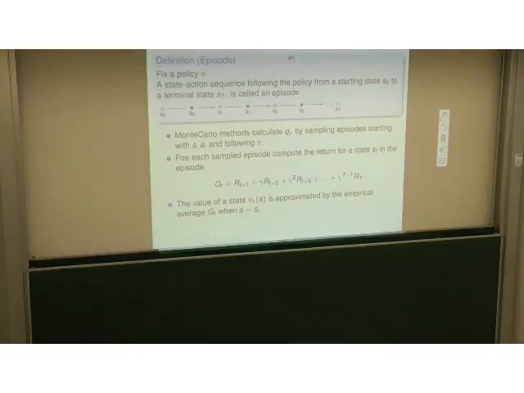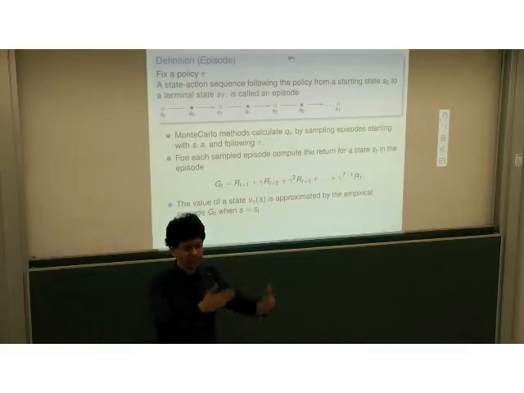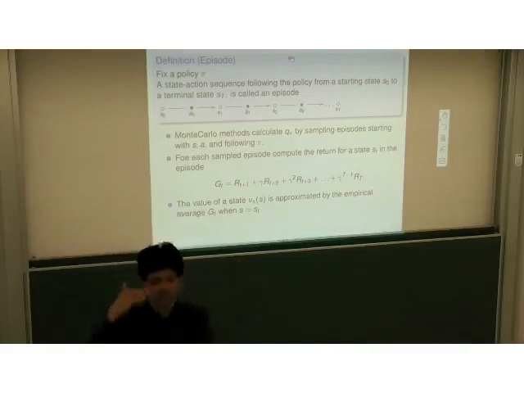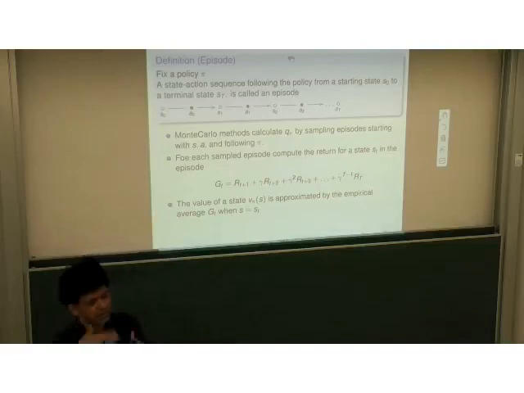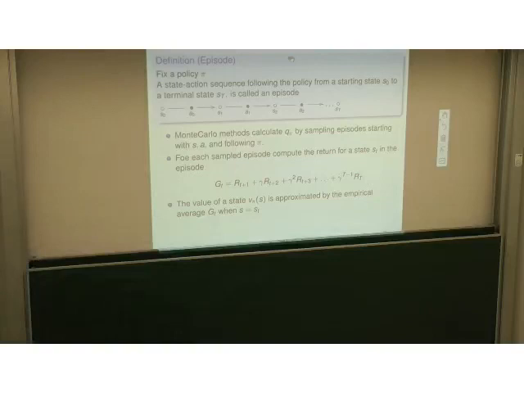There is a terminology for it: the word is episode. An episode is a sequence of actions and states: you take an action, get to another state, take another action, reach another state, take another action, till you have hit a terminal, a final state. A sequence like that is called an episode.